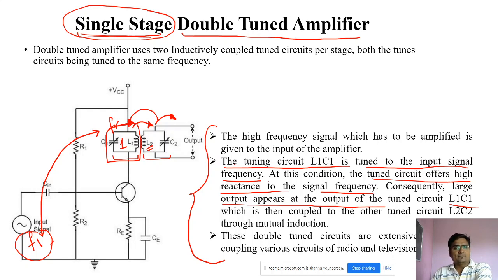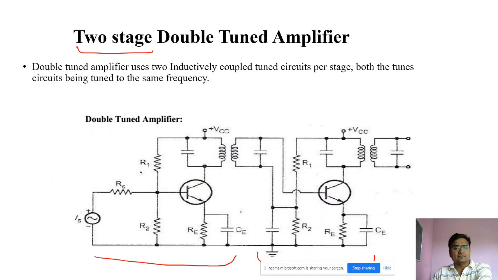Now what is the difference between this single and double stage? Look at this, it is a two stage double tuned amplifier. A double tuned amplifier uses two inductively coupled tuned circuits. Two tuned circuits are there. Now look at this, this is stage 1 and this is stage 2.